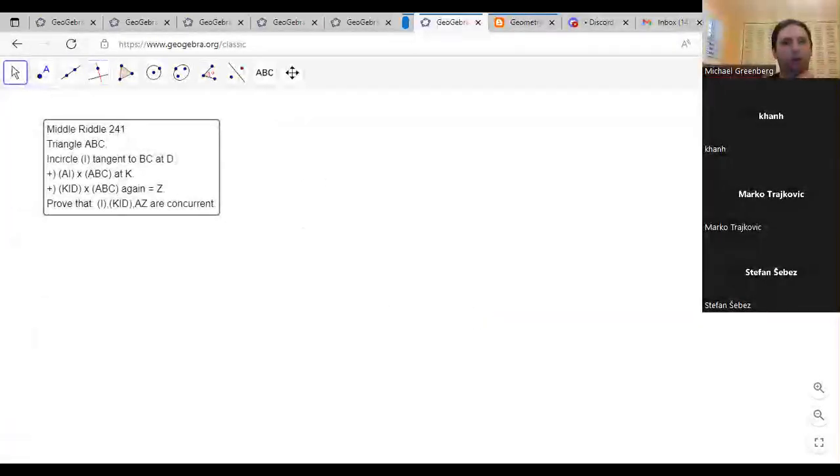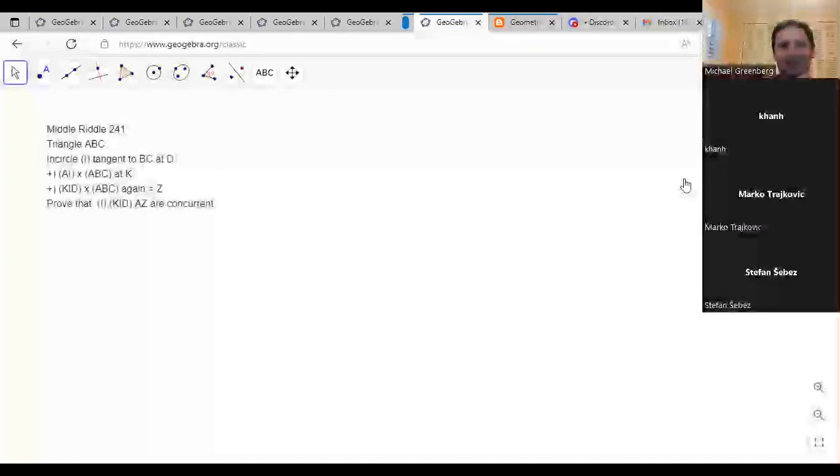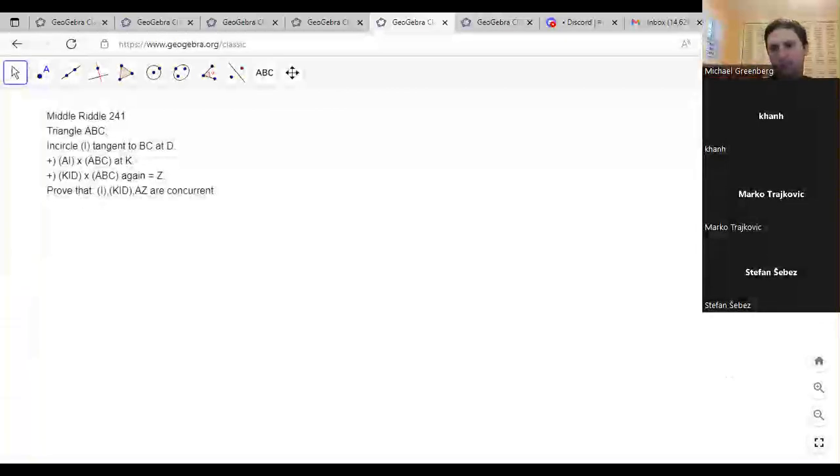So we have a triangle ABC. And I'm trying to maximize the screen, sorry. It doesn't want me to. Close this. There we go. Somehow if I shift GeoGebra, then it works.